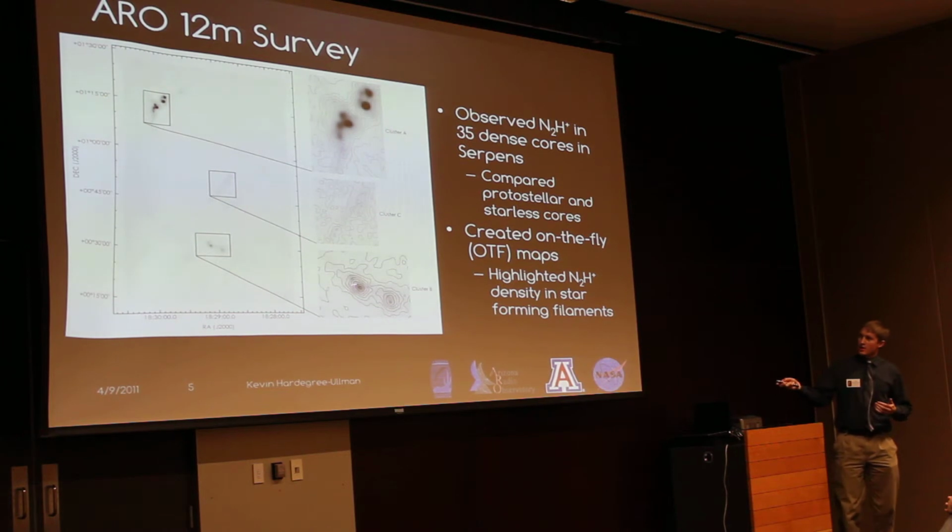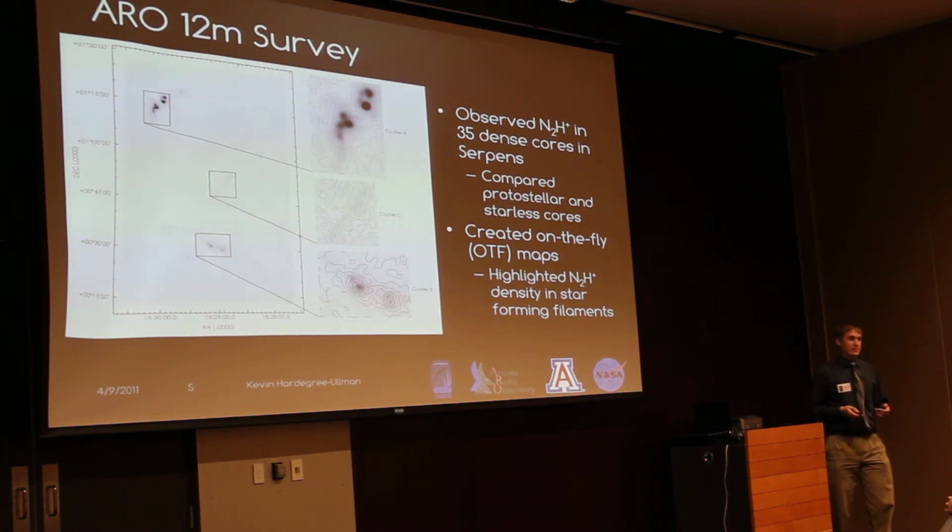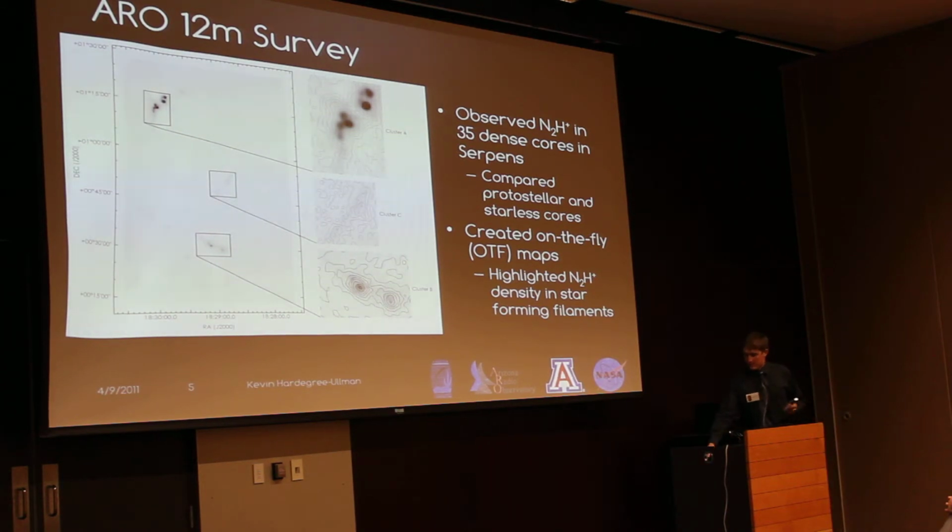So you can see some contour maps of N2H plus overlaid over these regions from the continuum survey. And you can see that the N2H plus intensity corresponds very well with the dark regions in the continuum survey. So that's really good to see.